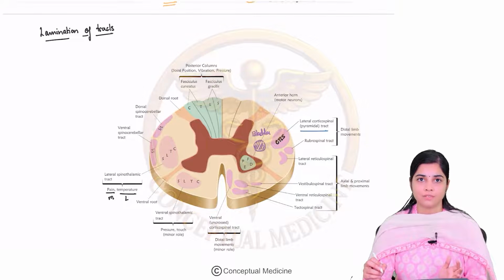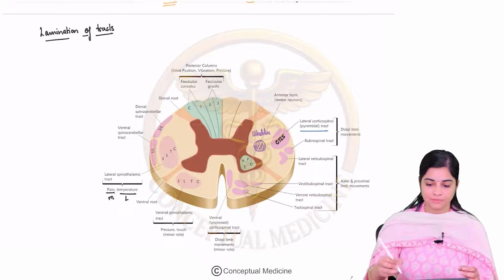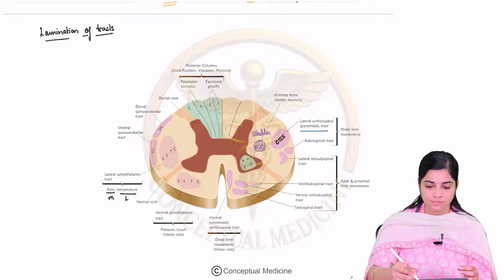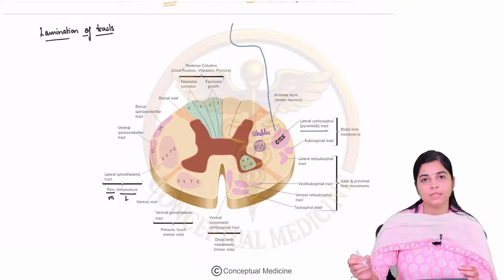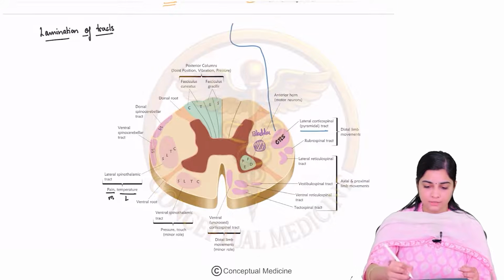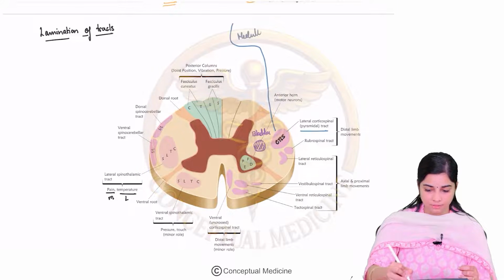The uncrossed corticospinal tract, as we had learned in our basics on approach to stroke as well, is a very minimal percentage, only 10% of the tracts. Most of the corticospinal tract fibers have crossed in the medulla and come to the lateral corticospinal tract in the spinal cord.